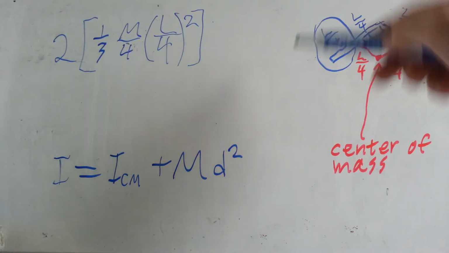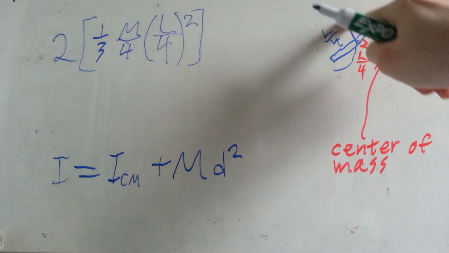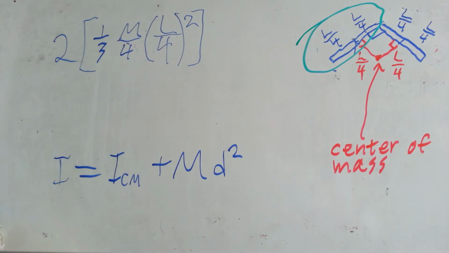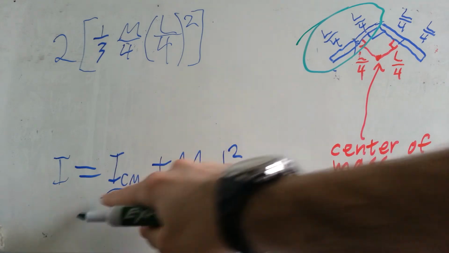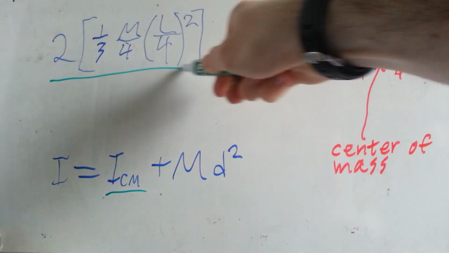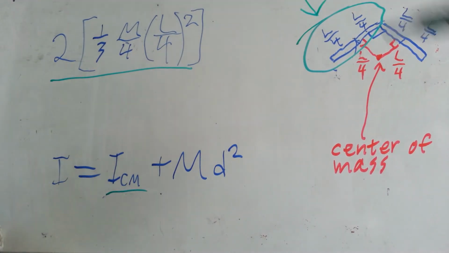And that is for this whole piece. Okay. So that's one part done. That is that part for this. But we still need this.